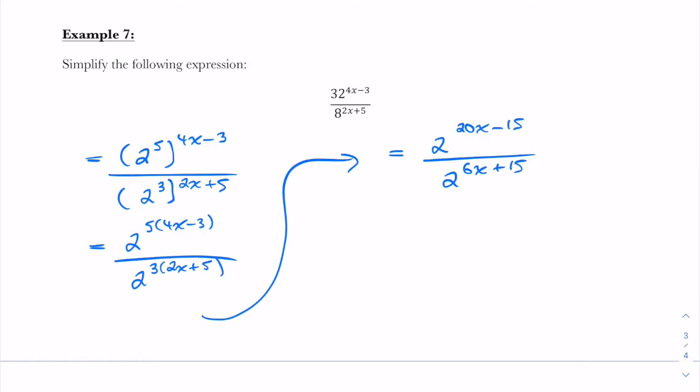And now that your bases are the same, keep the base and subtract the exponents. I'll write this out explicitly. And now you just collect like terms in the exponent of this expression.